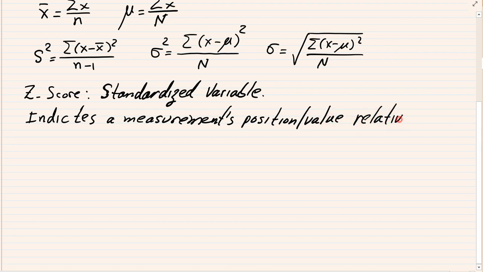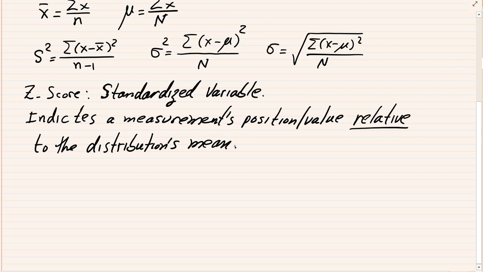The key word here is relative, meaning in relation to the distribution's mean or average. It looks at everything relative to the center of the data, and it does it in units of standard deviation.